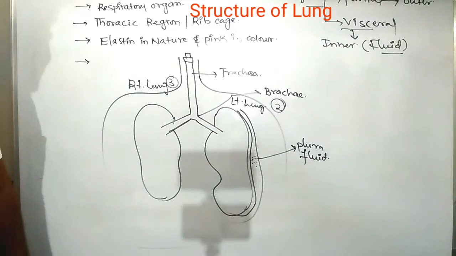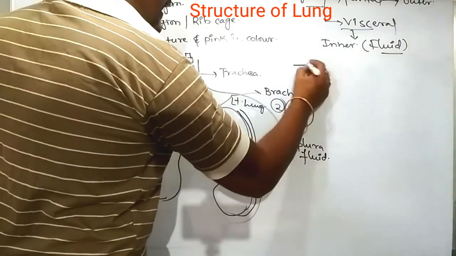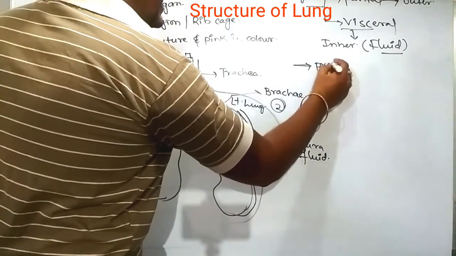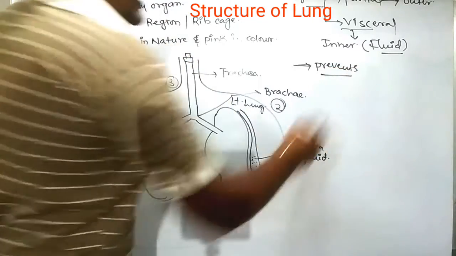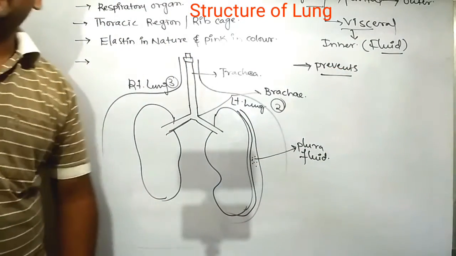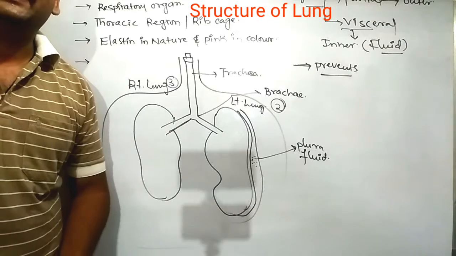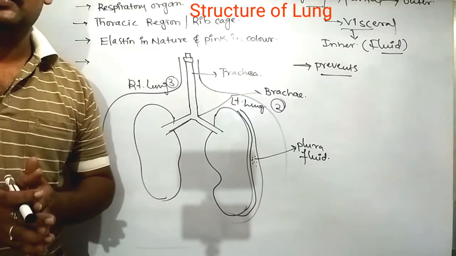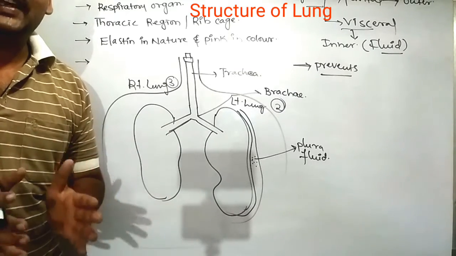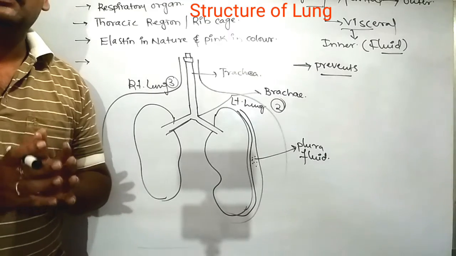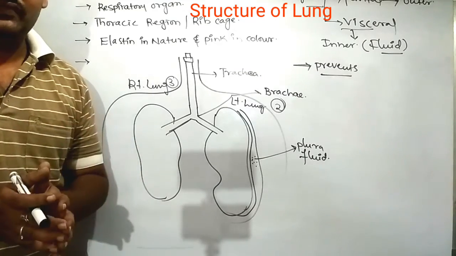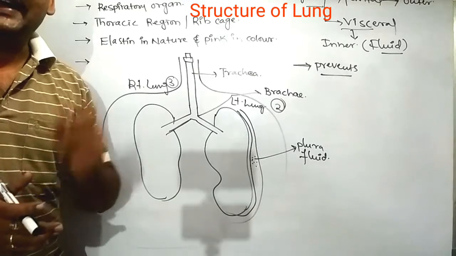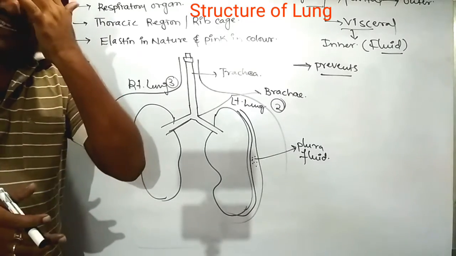Are you clear? Yes. What is the importance of pleural fluid? It is useful for preventing mechanical shocks and for the elastic nature of the lungs. Pleura fluid completely prevents mechanical shocks.